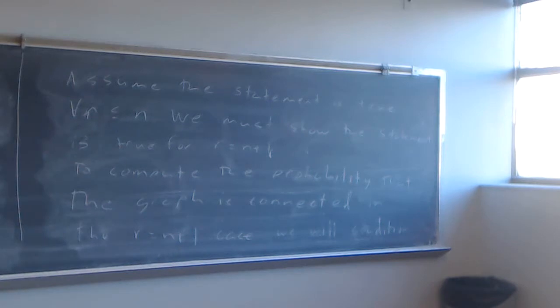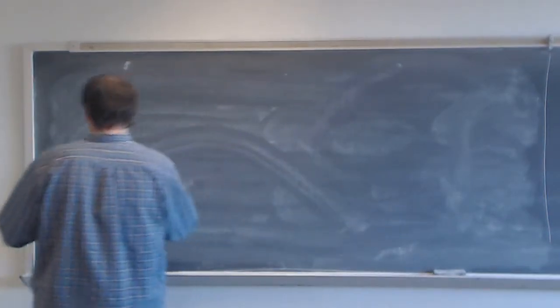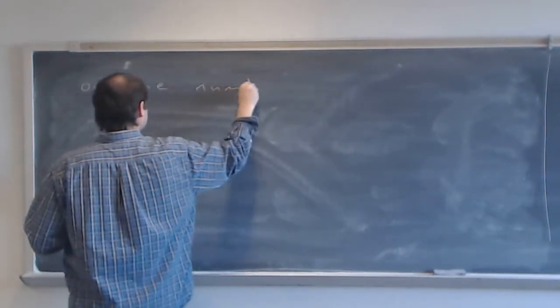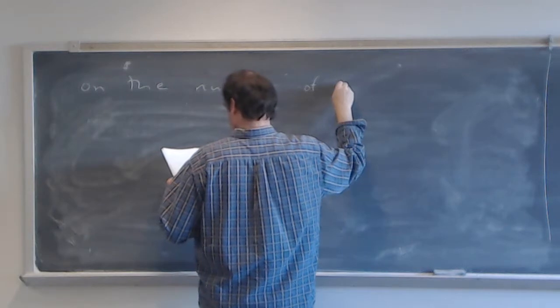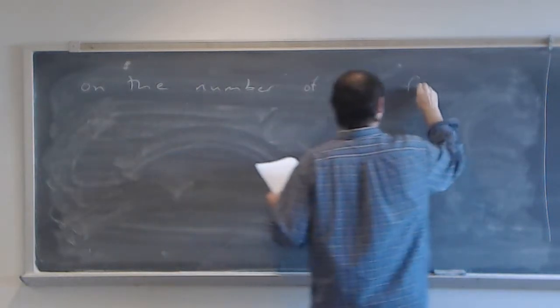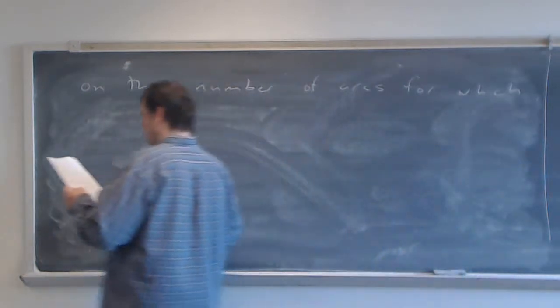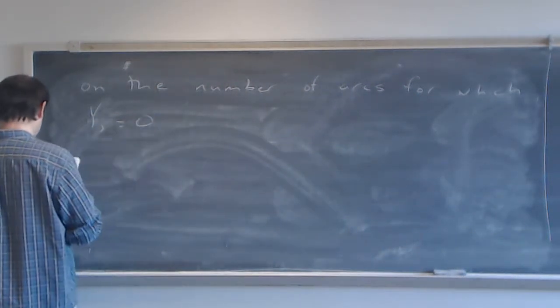I'll write that down now. So we will condition on the number of arcs for which y sub j equals 0.